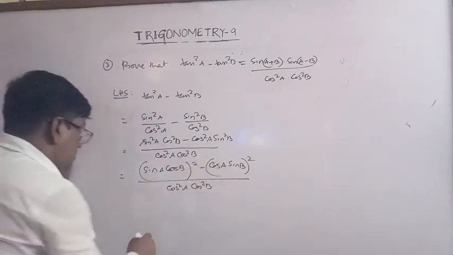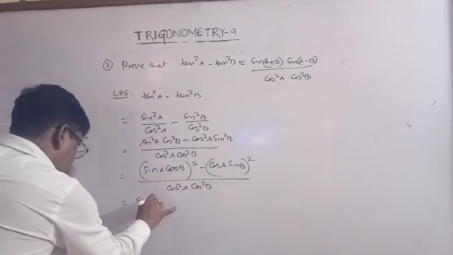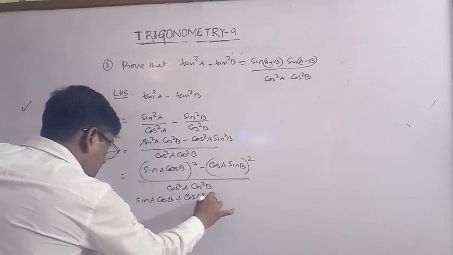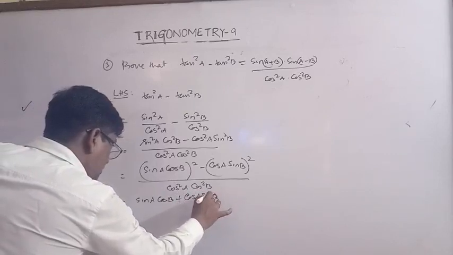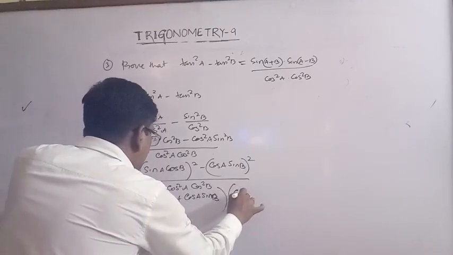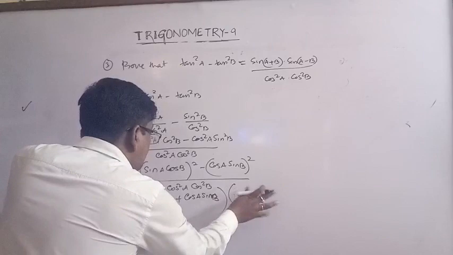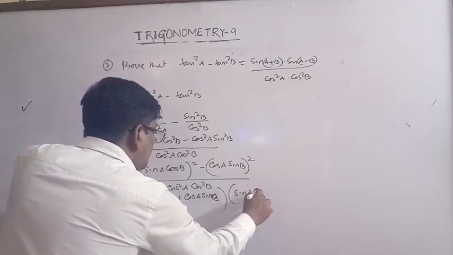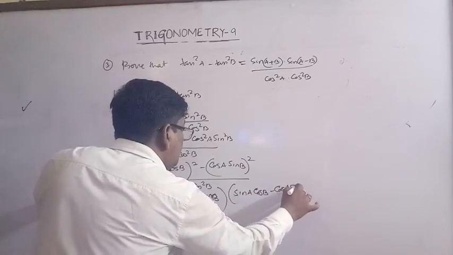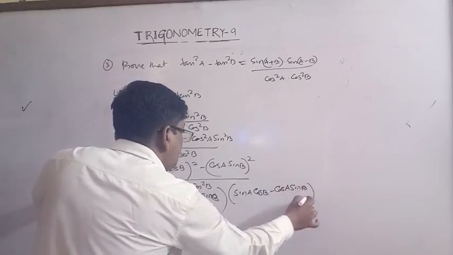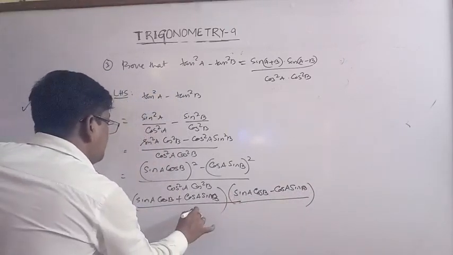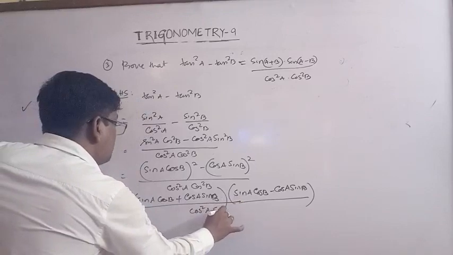So this is equal to sin A cos B plus cos A sin B, that is A plus B, and A minus B means sin A into cos B minus cos A into sin B, whole divided by cos square A into cos square B.